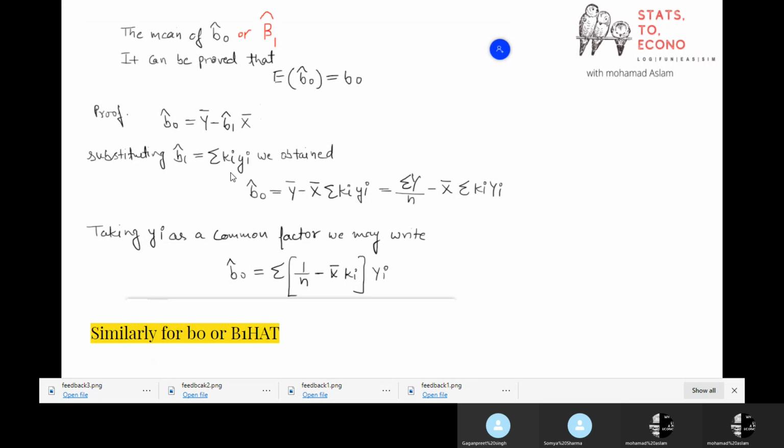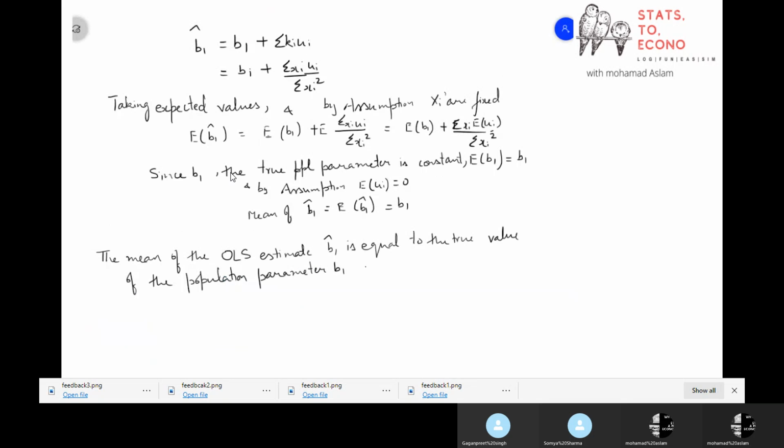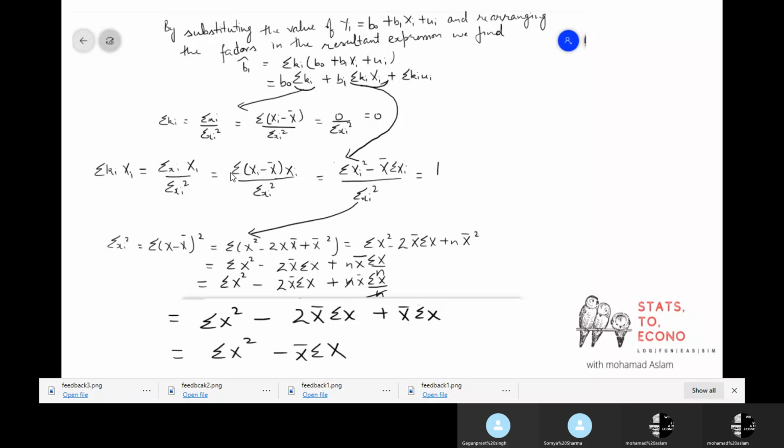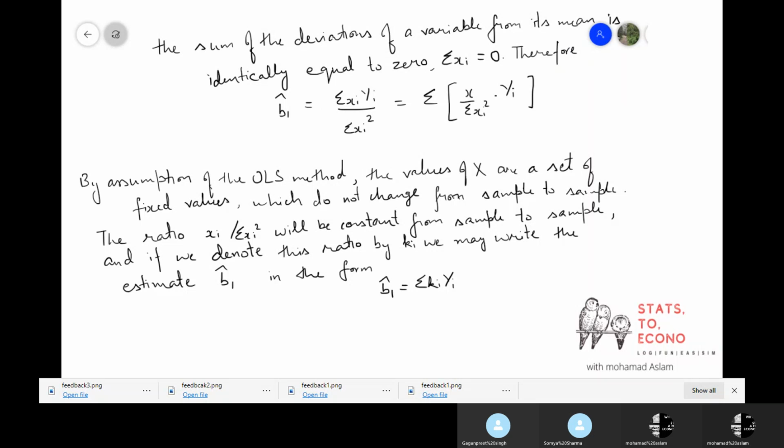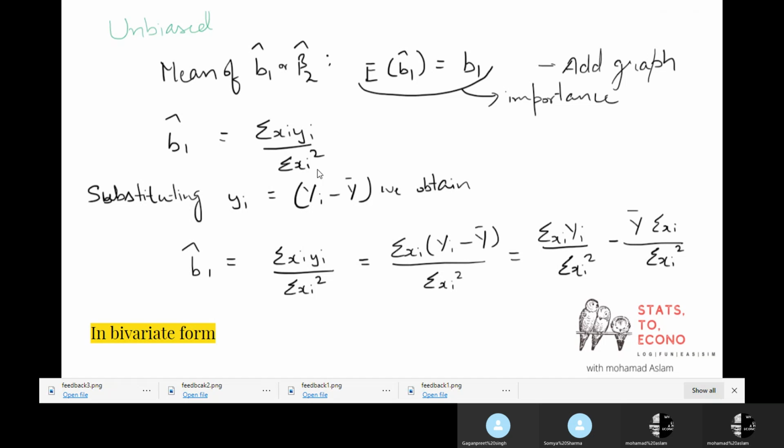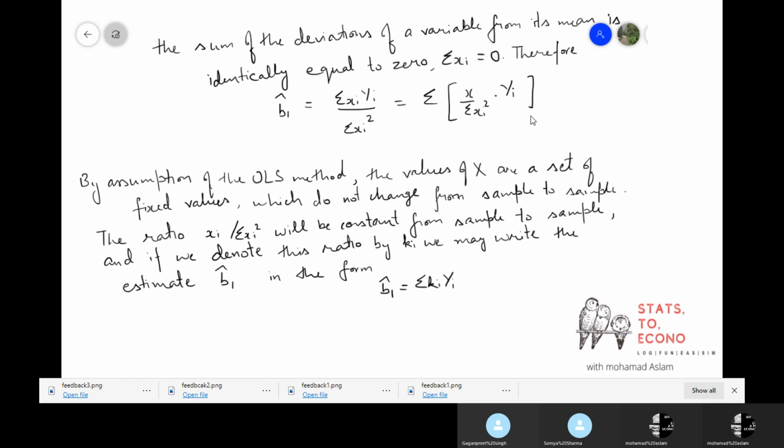It is from this derivation where we started with this beta 1 hat, the slope coefficient. This is equivalent to this equation, and we can write x upon summation xi square as ki. So this is the beta 1 hat or beta 2 hat.